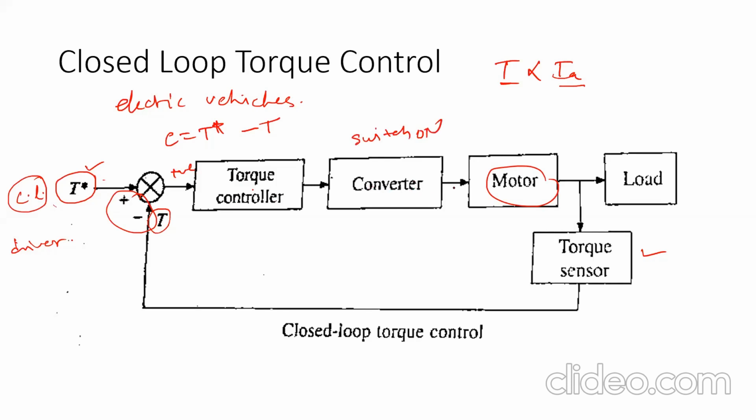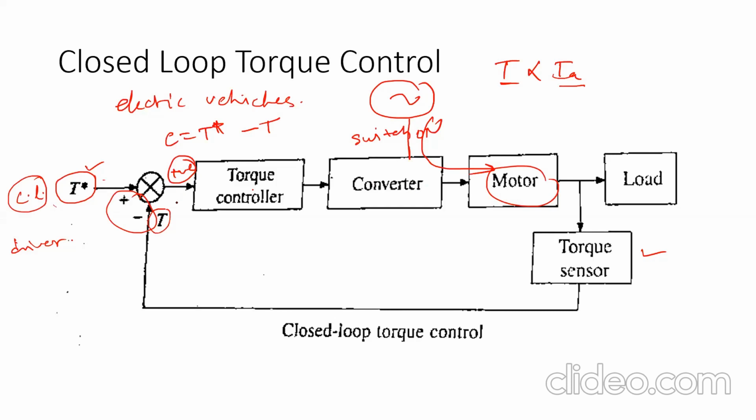The source is connected to the converter, so by switching on the switches, the current will flow from the source to the motor. The motor torque will be increased, and so this error will reduce.